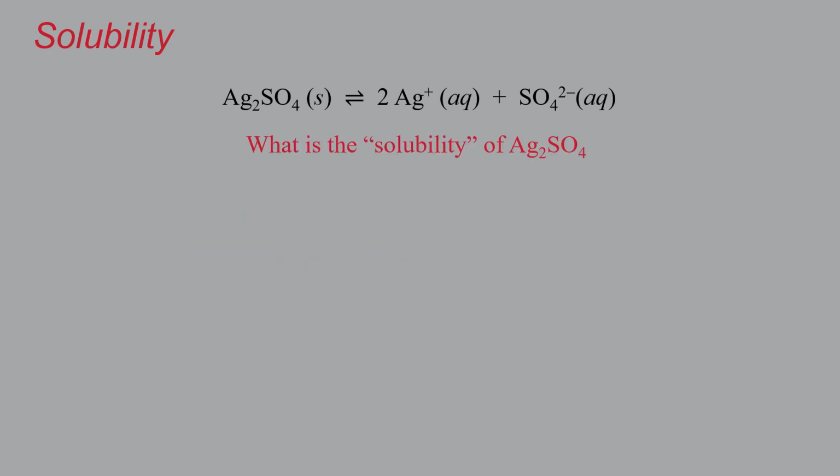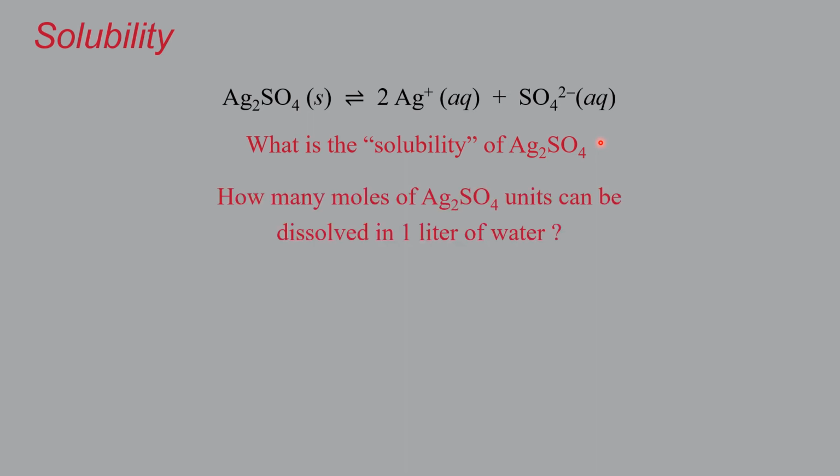So what would we say is the solubility of silver sulfate? This is a tricky question because a lot of different folks in a lot of different fields tend to have different definitions of solubility. It's not so much a definition change as sometimes it's just units. Chemists like molarity, so we could say that the solubility would reflect how many moles of silver sulfate you could dissolve in 1 liter of water. This is another way of saying what's the highest possible concentration.